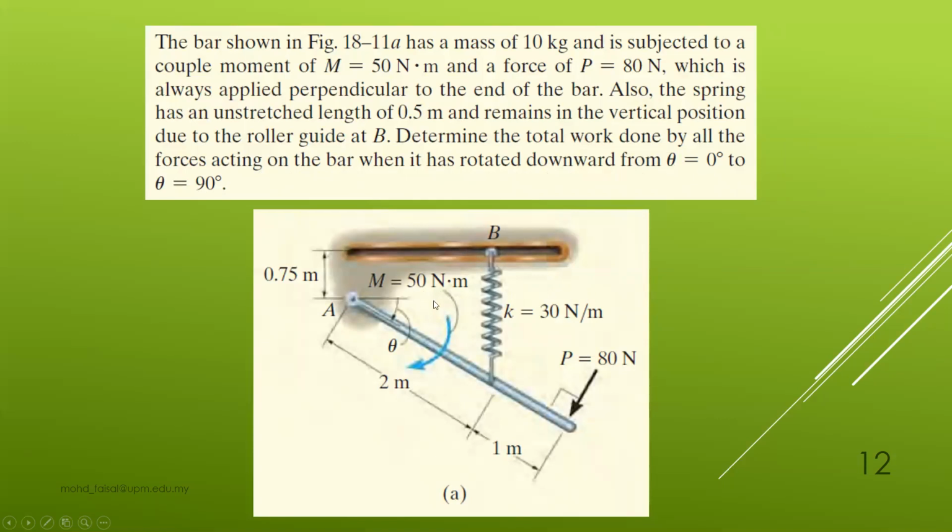The bar here is horizontal, and it is being pushed by this force until it becomes vertical, 90 degrees.